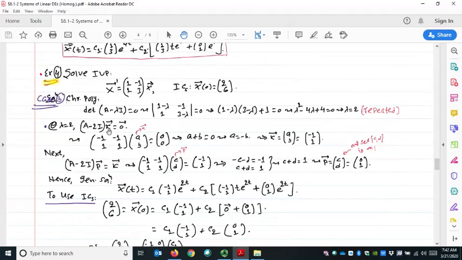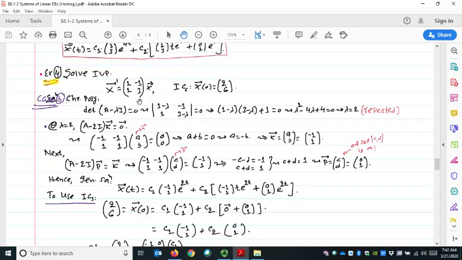Next, find the corresponding eigenvector k for this lambda. Solve the equations A minus 2I times vector k equals vector 0. So this matrix comes from A minus lambda I. Put lambda equals 2: 1 minus 2 is minus 1, minus 1, 1, 3 minus 2 is 1. I substitute lambda equals 2 into A minus lambda I, not into the determinant.